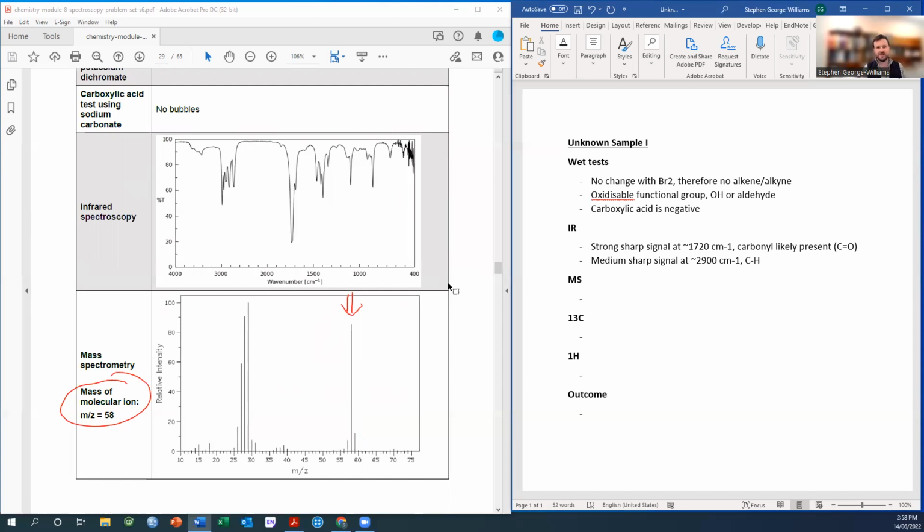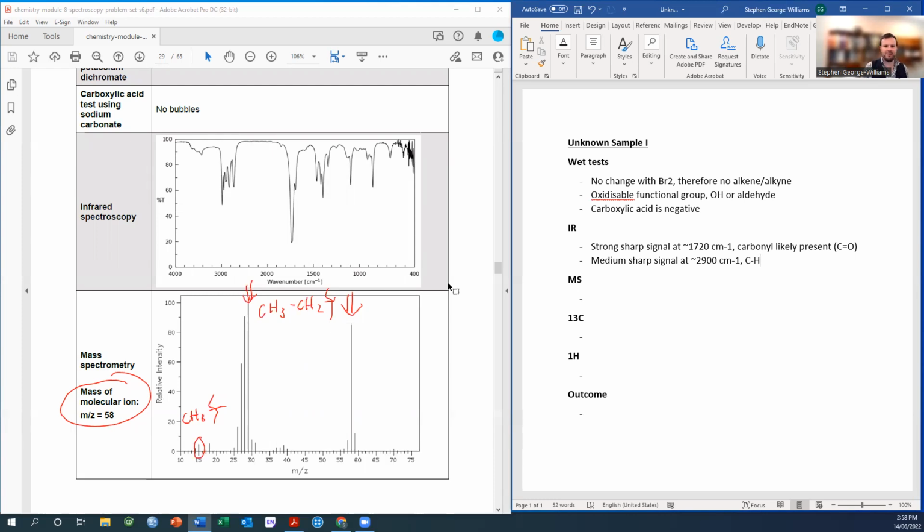If I was to go into the fragment, I can see a signal at about 15, which is pretty typical of a methyl group. I can see a signal 14 units higher at about 29, somewhat typical of an ethyl chain. And then I have my molecular ion at 58.